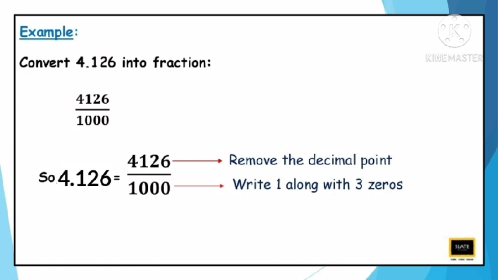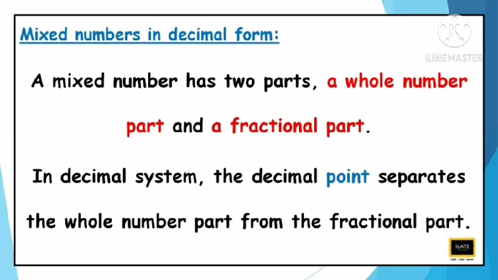Yes, great. Now let us see how to write the mixed numbers in the decimal form. Now what do you mean by a mixed number? Yes, a mixed number is nothing but a combination of two parts. It has two parts, that is a whole number part and a fractional part.